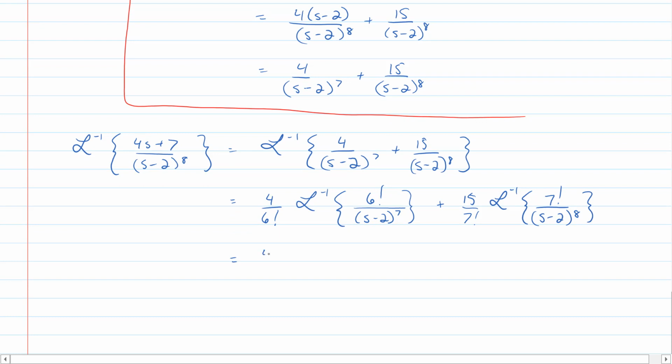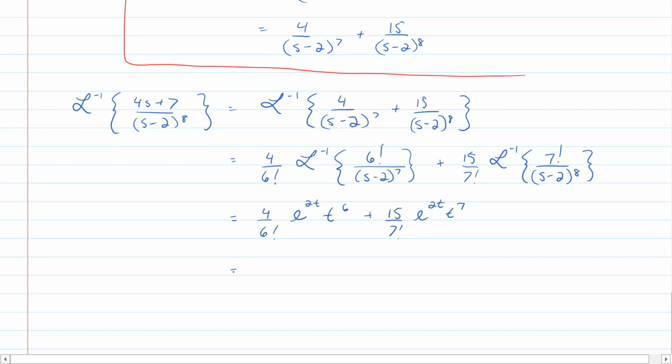This then gives us 4 over 6 factorial, and the s minus 2 gives us an e to the 2t term, and the 6 factorial over the shifted s to the 7th gives us a t to the 6th, plus 15 over 7 factorial, e to the 2t, once again from the shift, and we're going to have a t to the 7th term.